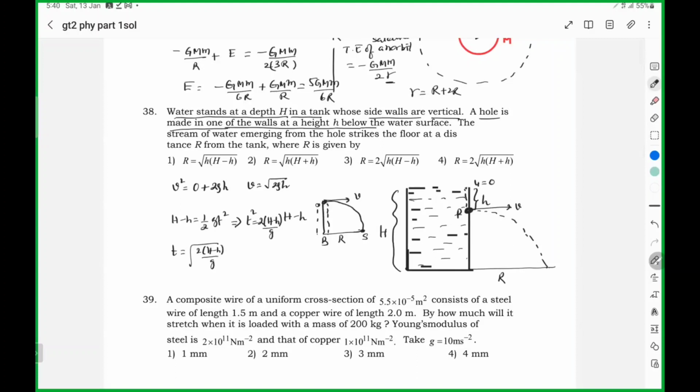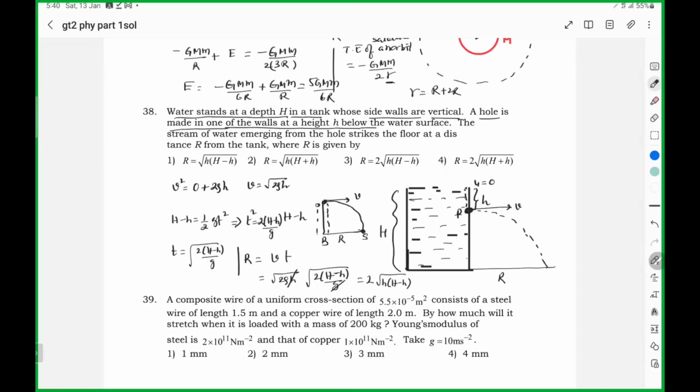In the same time the horizontally projected body will reach S. That range is v into t. So v here is root 2gh. It is 2 root of h into (H minus h).